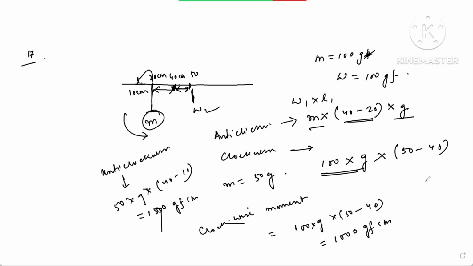Now what will be the resultant moment? Anti-clockwise 1500 plus clockwise, that is minus 1000. So 500 gram force centimeter positive, that is anti-clockwise. So the resultant moment is 500 gram force centimeter in the anti-clockwise direction.